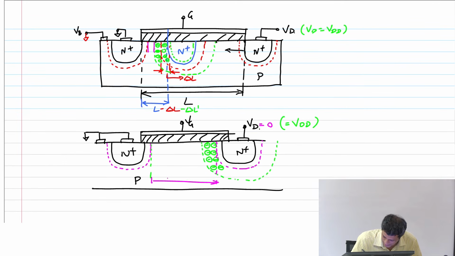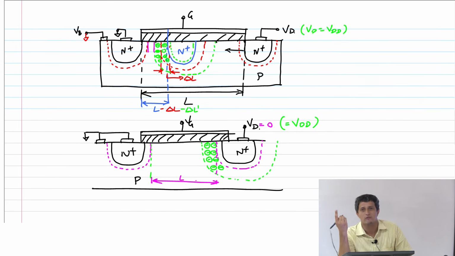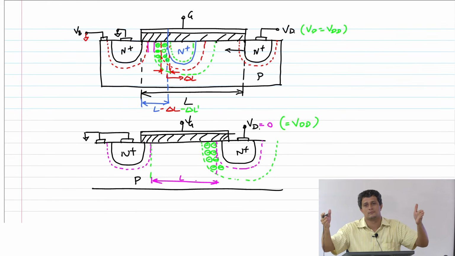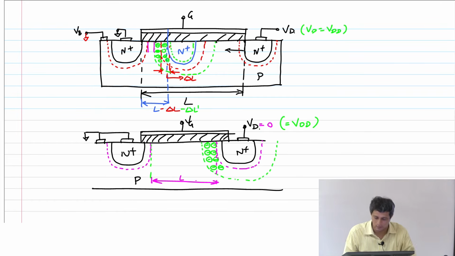This was the channel length that the gate had to invert, which means the threshold voltage is defined by how much work it has to do to invert that much of the channel, right? But now, after my Vd has increased, it's come down to this length, L minus delta L prime, because of this applied reverse bias.